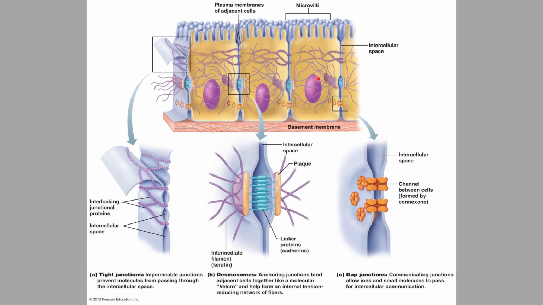Next, we have gap junctions. Gap junctions are not there to hold cells together. Gap junctions are there to allow stuff in one cell to move through a tunnel into another cell that's nearby. So two cells that are connected by gap junctions will have things passing back and forth between them. Another example here is also the heart.